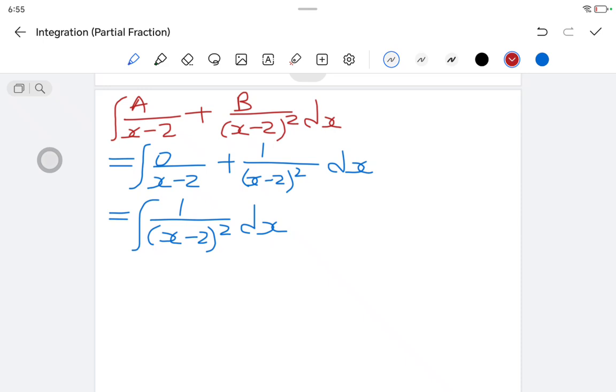So it means that initially we could have just said let u be equal to x minus 2. Then our du is going to be equal to dx.